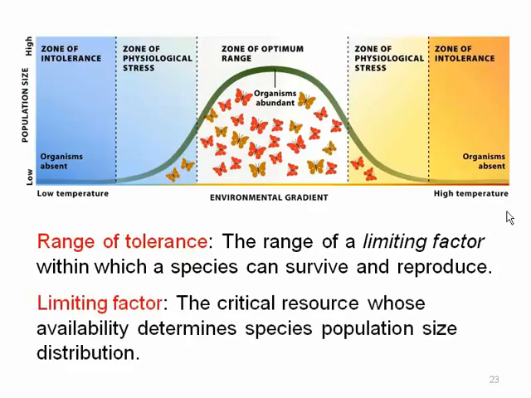Now, the limiting factor itself can be defined as some critical resource or condition whose availability may determine the species, population size, and its distribution. So again, temperature is a very common and hopefully familiar one in terms of where plants or animals can survive.